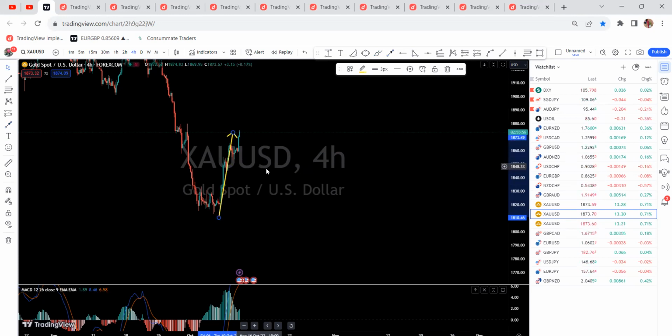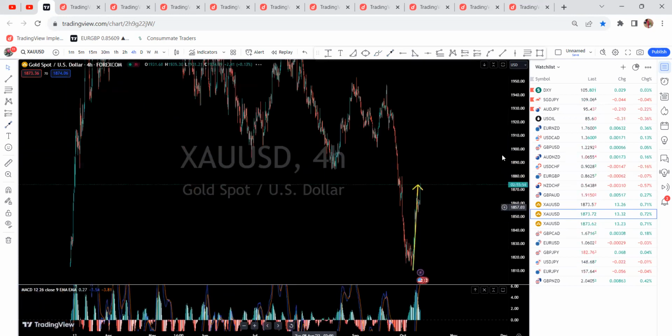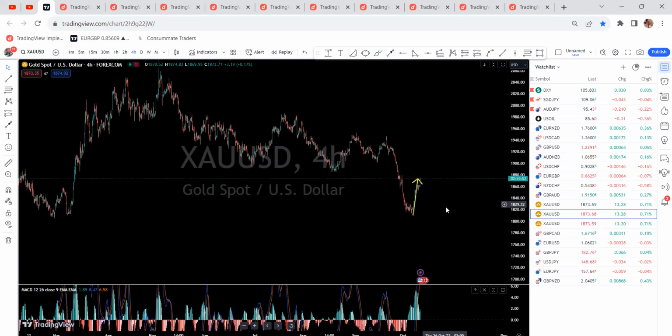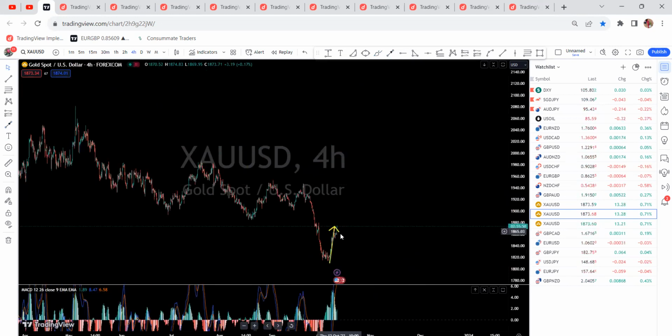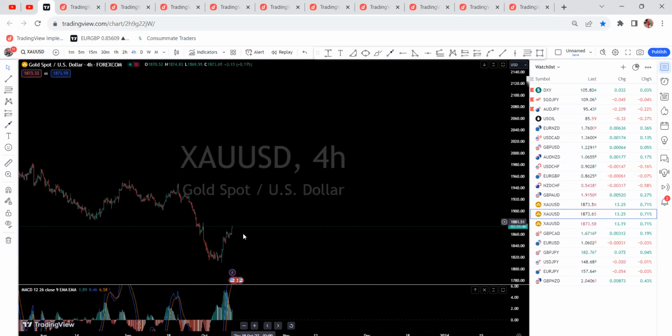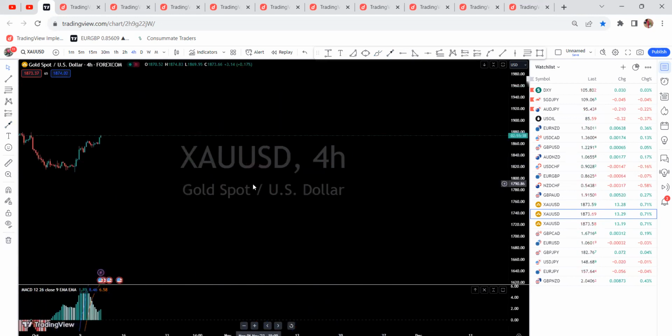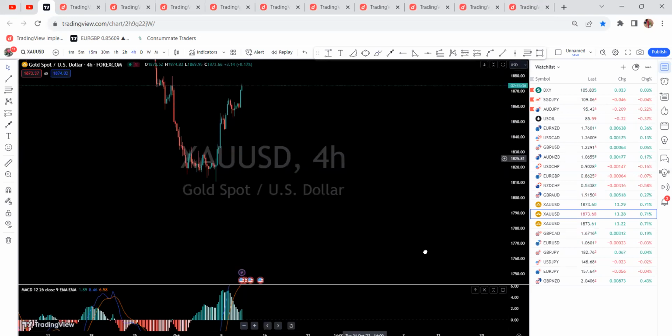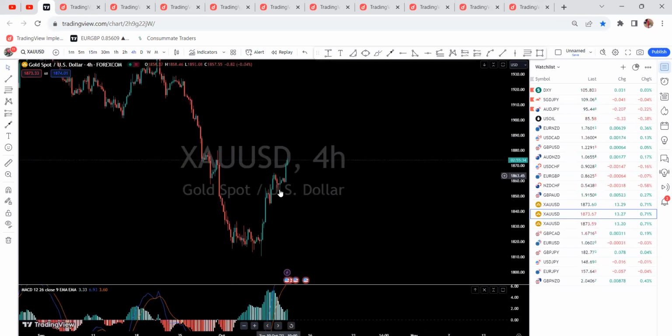So on any corrective structure, more up is expected. Gold looks like it wants to push up. Very well. So any corrective structure, another up. That is what I will do. If I want to trade gold, I need to observe a corrective structure. What I'm seeing here looks like a corrective structure, a running flat sort of.